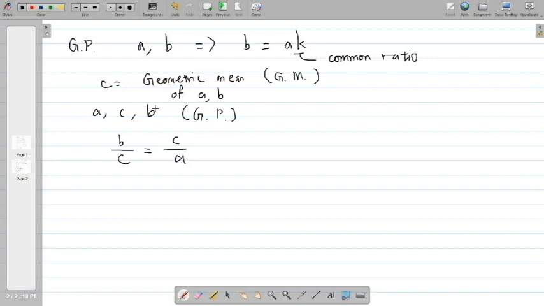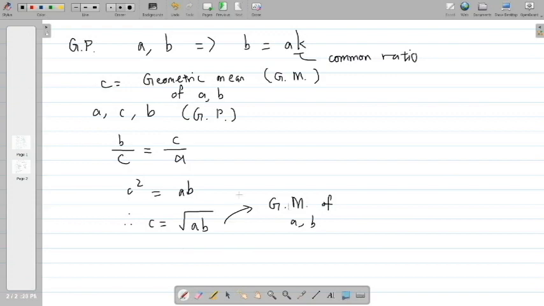So that's the geometric mean of two numbers: trying to get the average in a geometric progression. Solving this, we get C squared is equal to AB. Now assuming that both A and B are positive, we're not going to say that it's negative, we're just going to say that C is equal to the positive principal square root of AB. So this right here is the geometric mean of A and B.